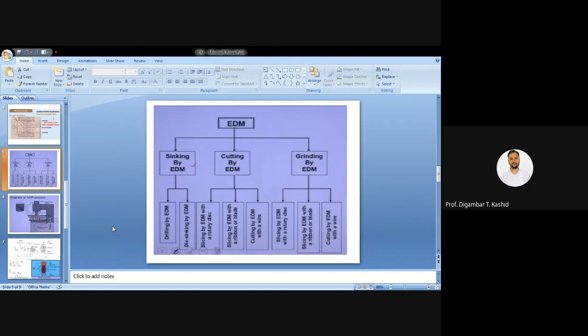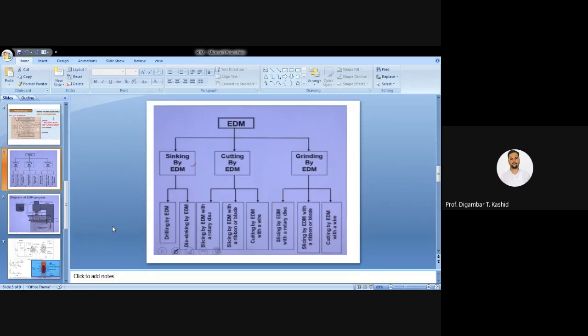So we want more machining, so the material removal will take place from your tool as well as the workpiece. But as we know, we do not want to remove any material from your tool. So we have to take care of that.